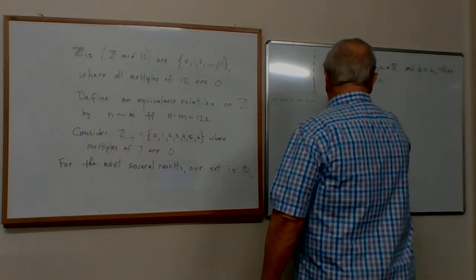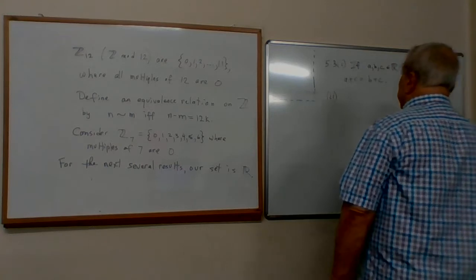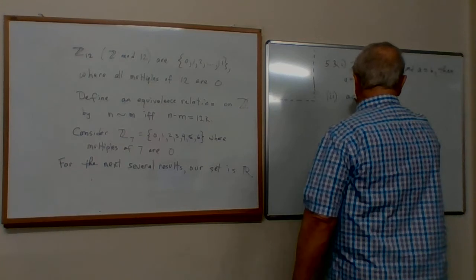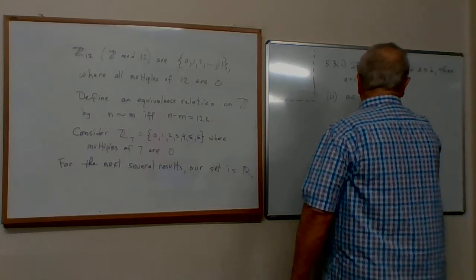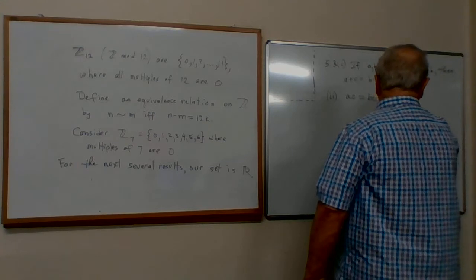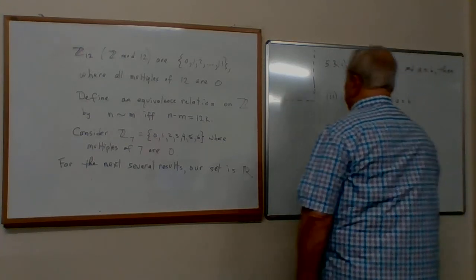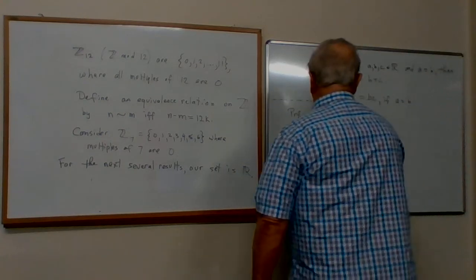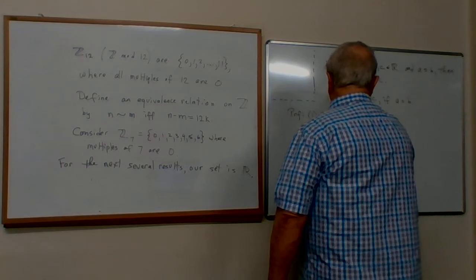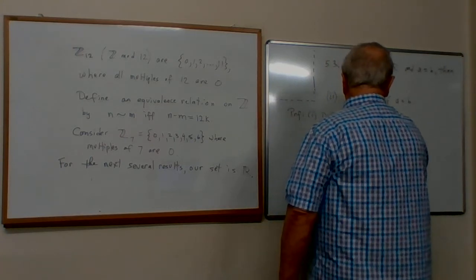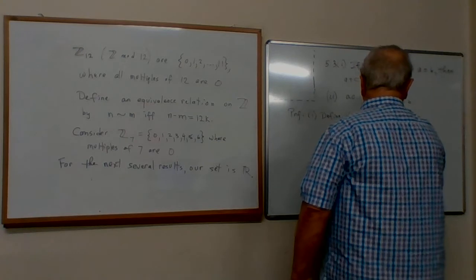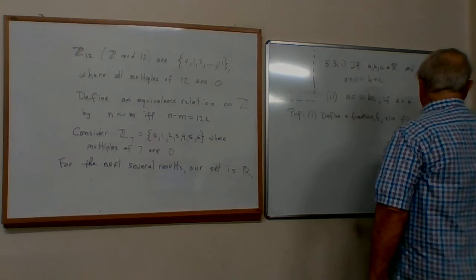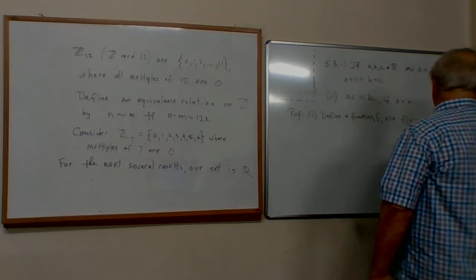And by the way, the same thing works for multiplication. A times C equals B times C, if A equals B. So the proof is easy. We're going to define a function. So for number one, define a function. We'll call it f via the recipe f of x equals x plus c.